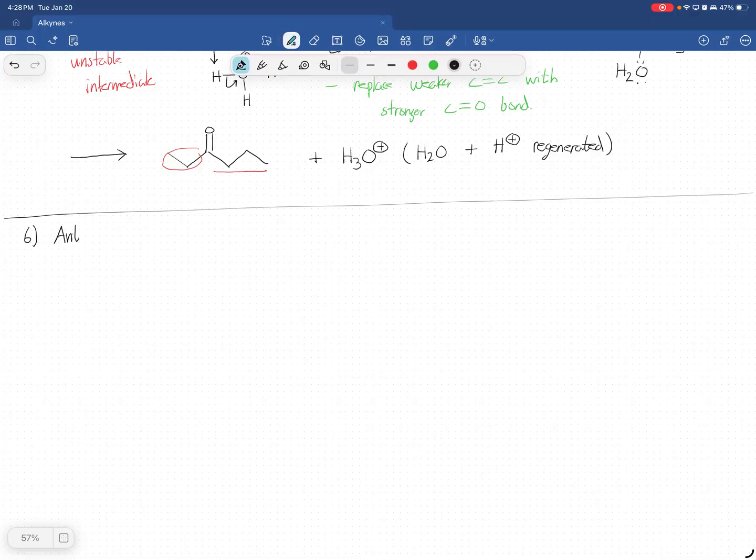If that reaction was Markovnikov addition of water, this is now going to be anti-Markovnikov addition of water. Like we saw with alkenes, remember hydroboration-oxidation? We get anti-Markovnikov addition of H and OH across a double bond. We do the same thing for alkynes, but this only applies to terminal alkynes.